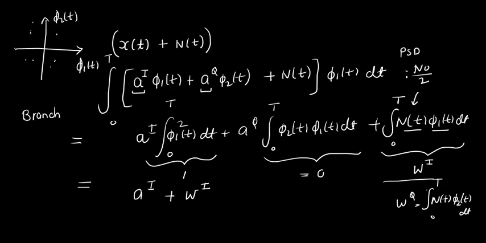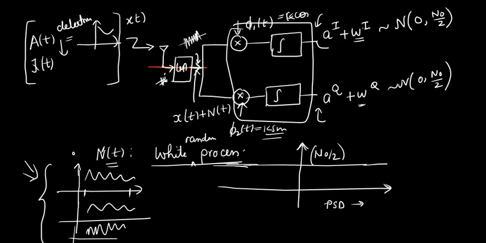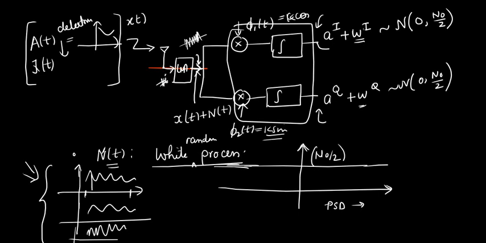Or the quadrature branch of the receiver, 0 to T, where n(t) is white with power spectral density N0 by 2. There are some more assumptions, but we are not going into that detail.